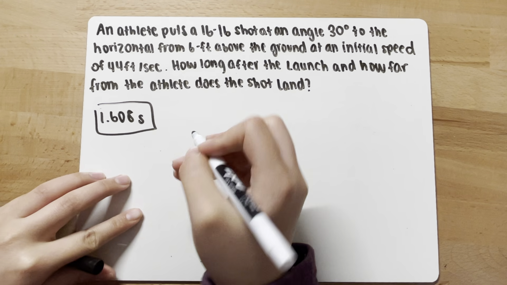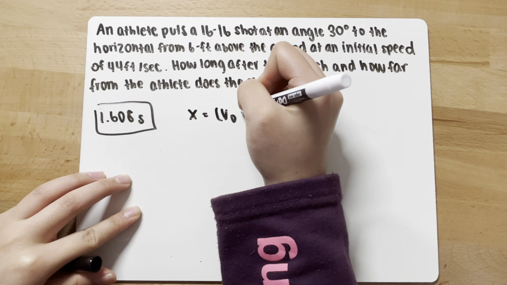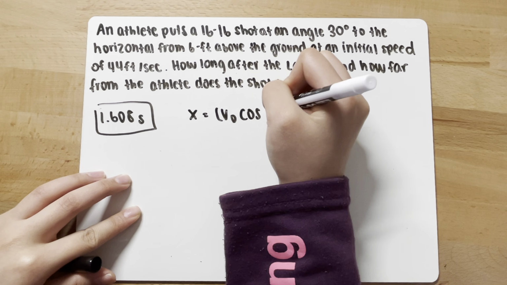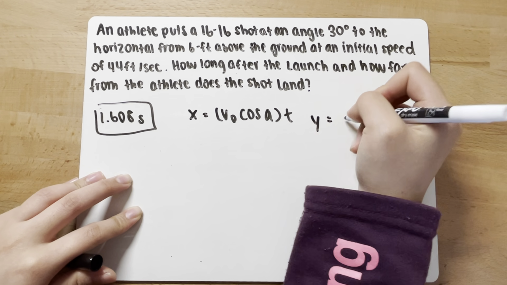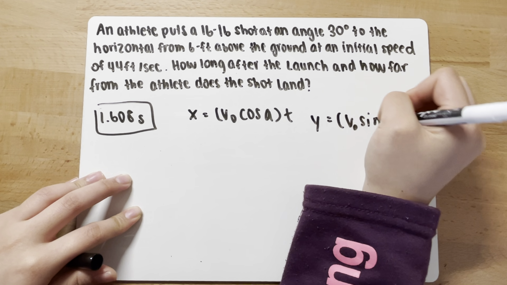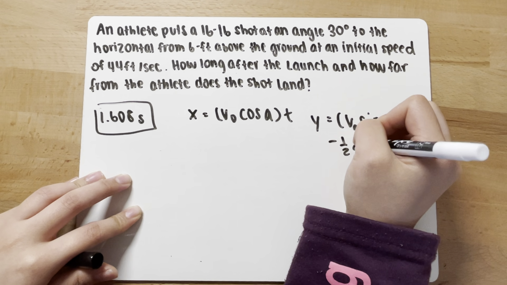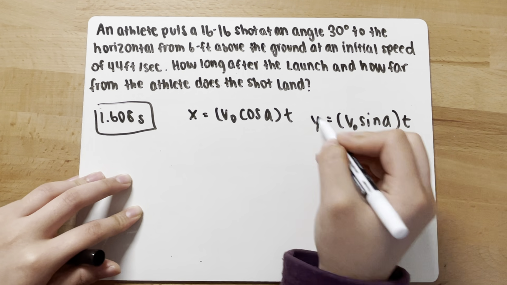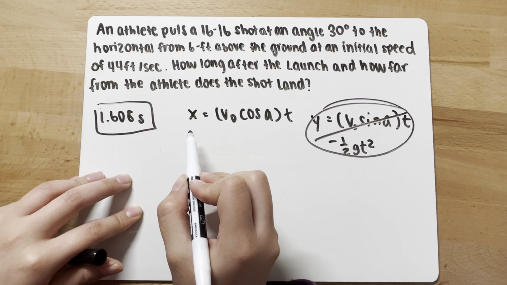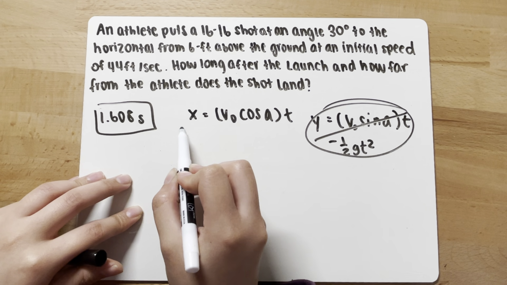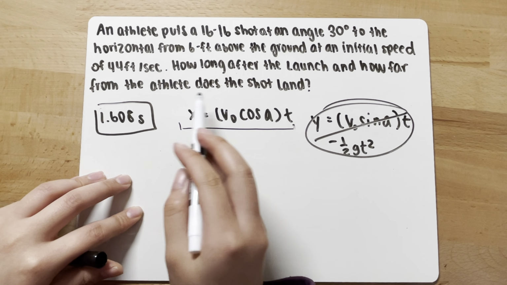To find how far, remember how we had x and y components? The x is initial velocity times cosine angle times t. And then y is equal to initial velocity times sine angle times t minus 1/2 g t squared. Okay, so we did that. Disregard that. We now want to find the horizontal component, which is the x component. We want to find how far from the athlete the shot lands.